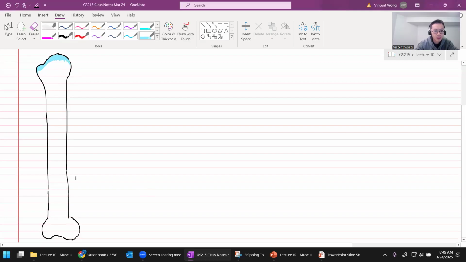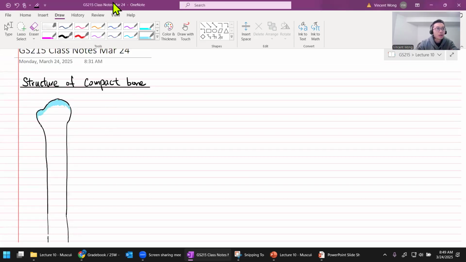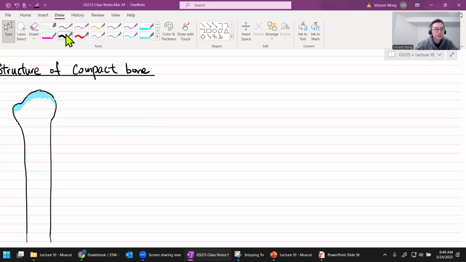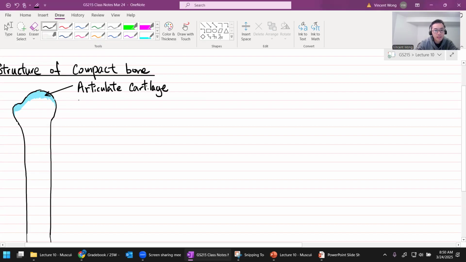These are called articular cartilage, which does exactly what you expect it to do. It prevents wear and tear at joints.